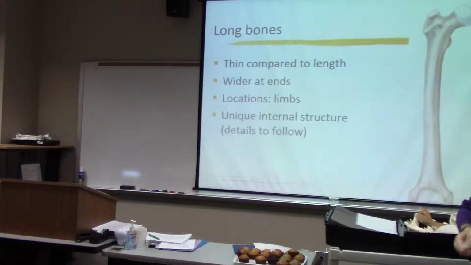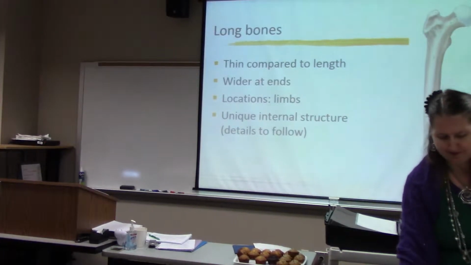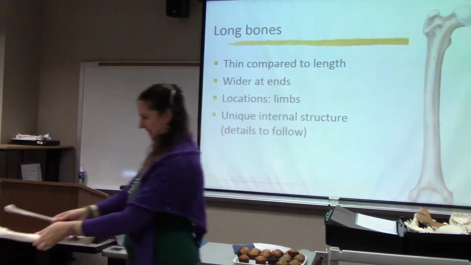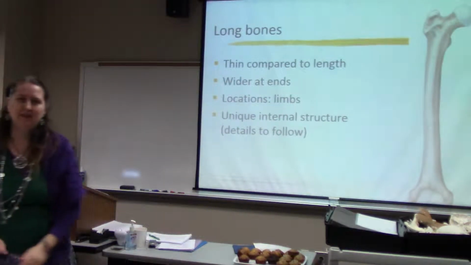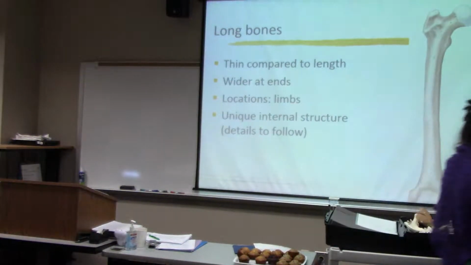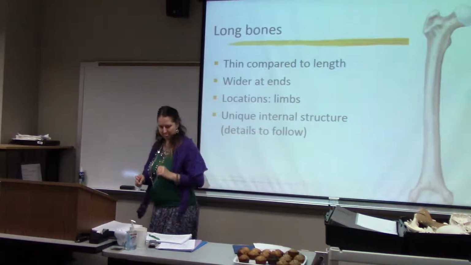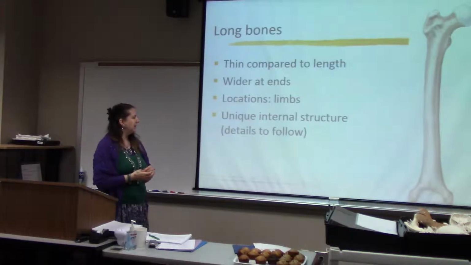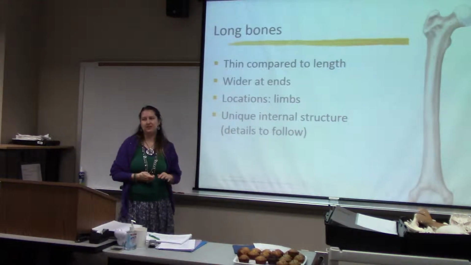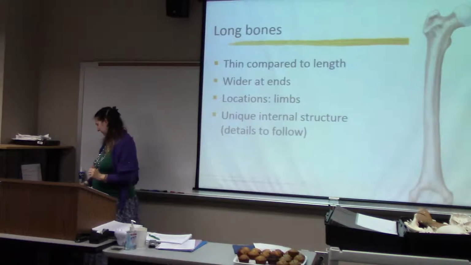I'll pass a couple of these around for you to look at. And in lab, we're going to learn some of these specific names. And as I said, there's something different on the internal structure of a long bone that we'll look at coming up.